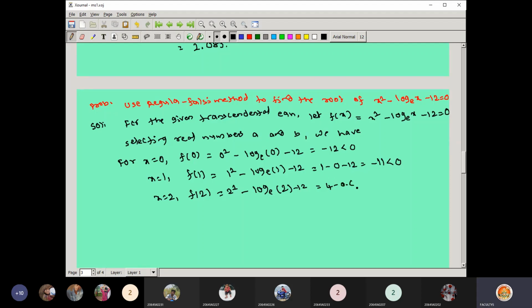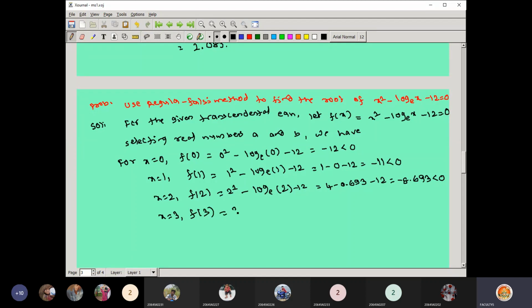So it is 4 minus 0.693 minus 12, and you get minus 8.693. Again it is less than 0. So better you go for the next, x equal to 3.